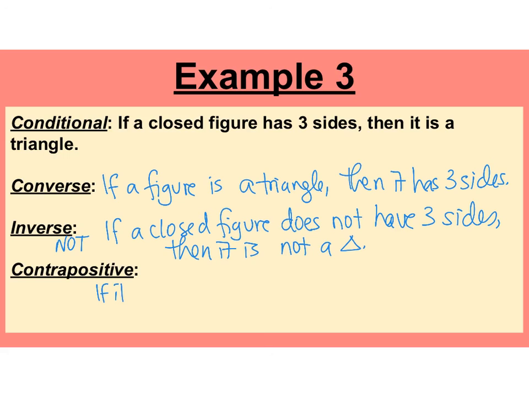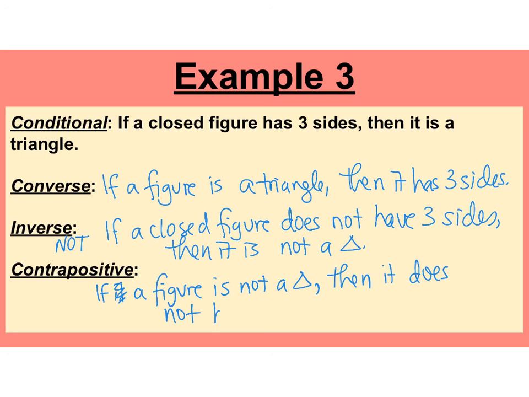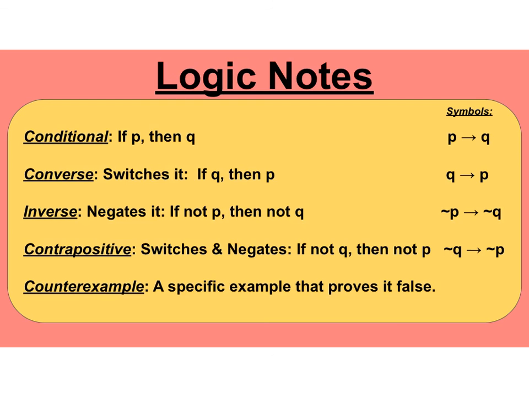If it, let's go with if a figure is not a triangle, then it does not have 3 sides. So you're going to do a lot of writing out sentences and then answering if it's true or false.